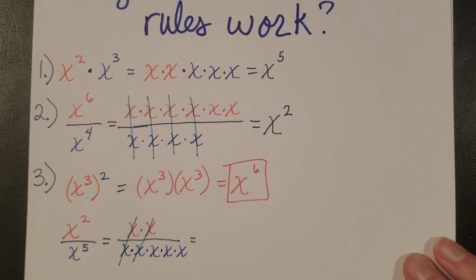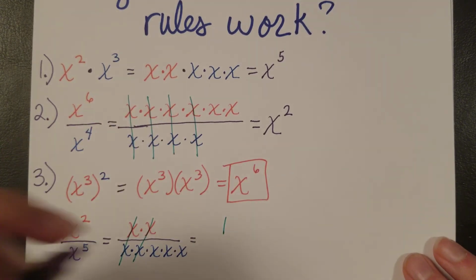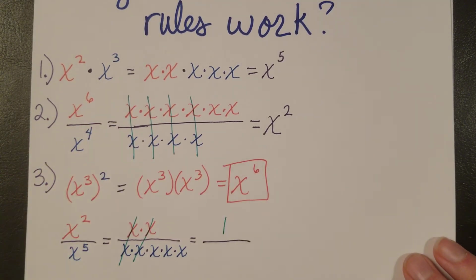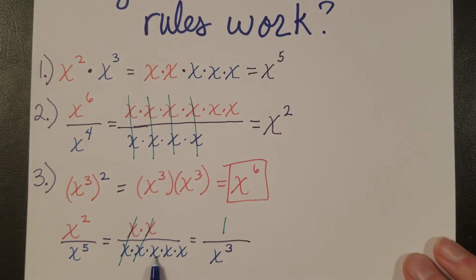So we're left with a 1 in the numerator. And then in the denominator, we've got 3 of those, so that's going to be x to the 3rd power. See, when something is in the denominator, it has to still be in the denominator. So basically, if you don't have anything left on top, you just have a 1 there. Okay, so that's one way to look at that problem.